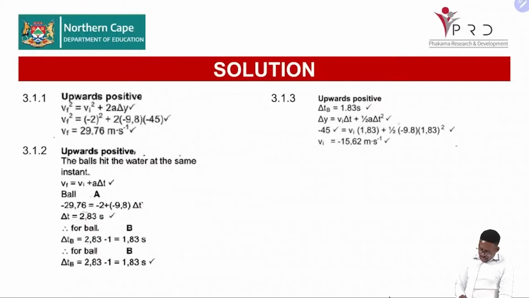Our change in y, minus 45, is equal to Vi times our time, 1,83, plus 1 over 2 times our a, minus 9,8, multiplied by time, which is 1,83 squared. And then the initial velocity will be 15,62 meters per second downwards. So that will be our initial velocity, 15,62 meters per second downwards.